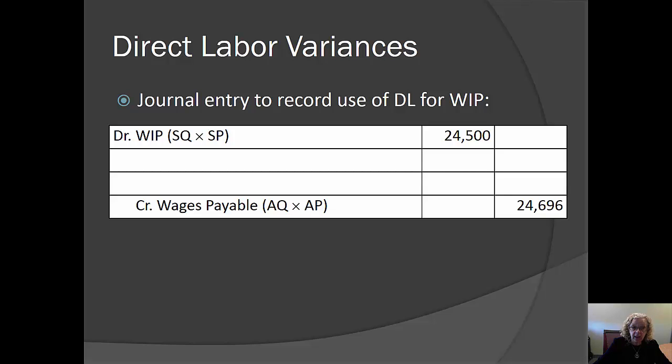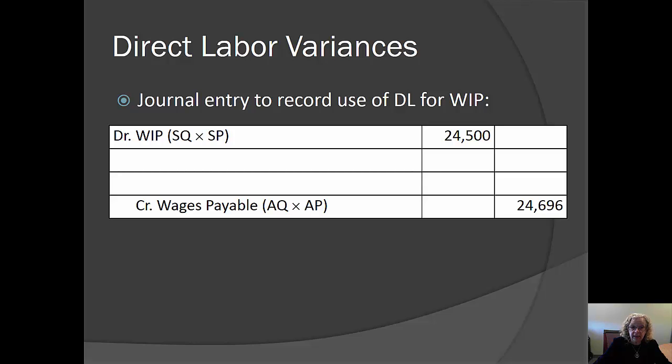But we are going to add labor to our work in process at standard. That would be the standard quantity times the standard price for the actual number of units that we made. Now, the difference between the actual amount and the standard amount can be recognized by our variances.